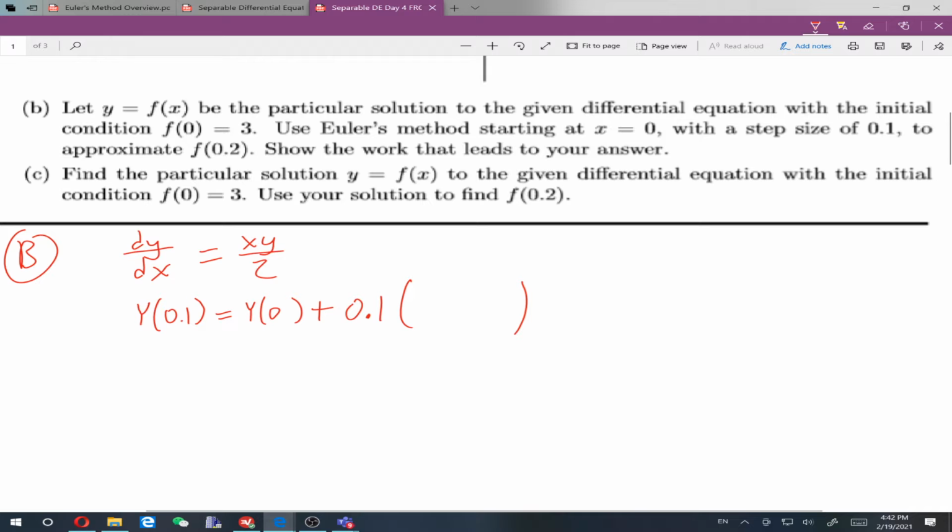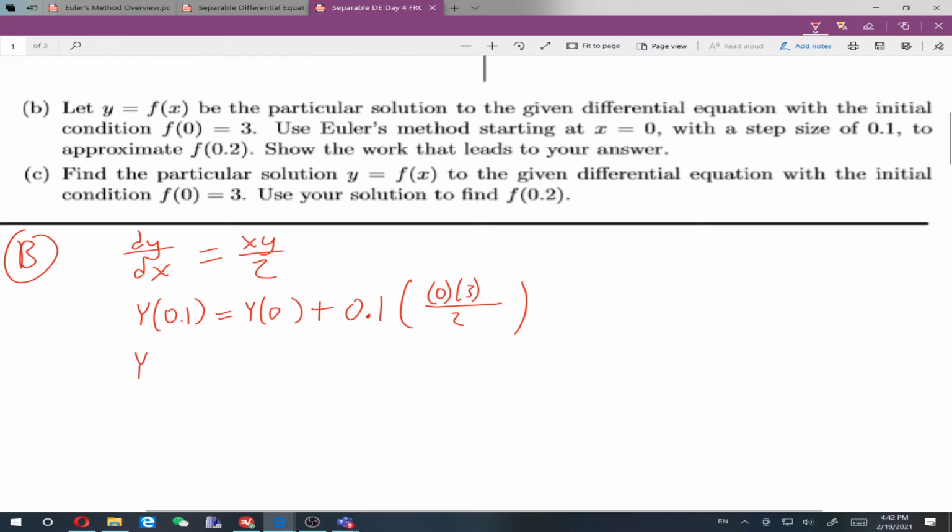At my previous x and y value, 0 and 3, the slope is 0 times 3 over 2, which is 0.